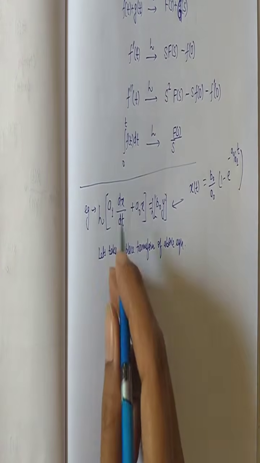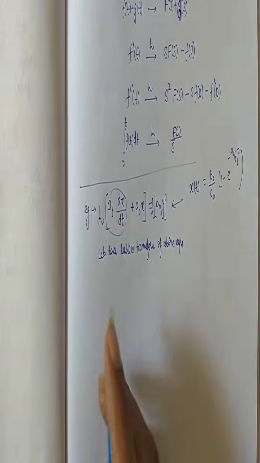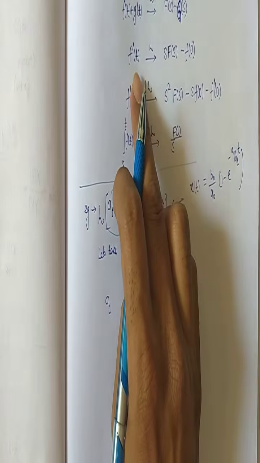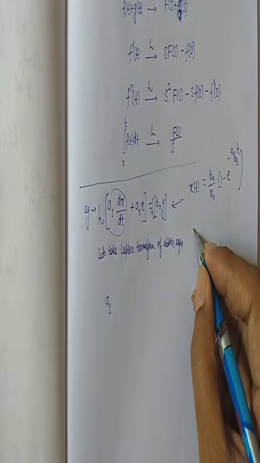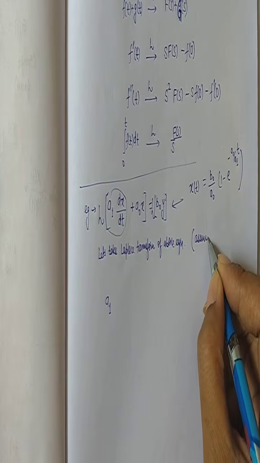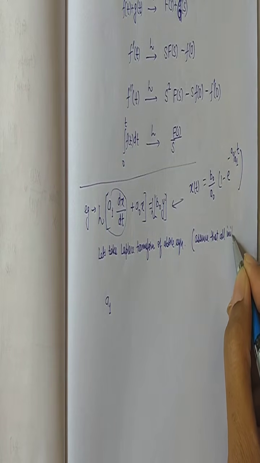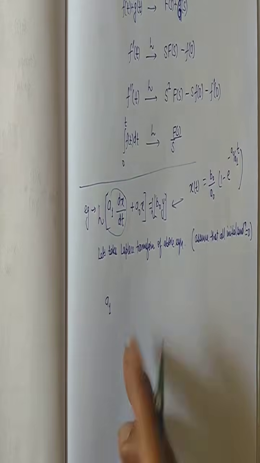What I get, so Laplace transform of this function first. So this is a1 times dx by dt. We have already seen that the transform of dx by dt is s F(s) minus f(0), and we also assume that all initial conditions are set to be 0. It's also given.